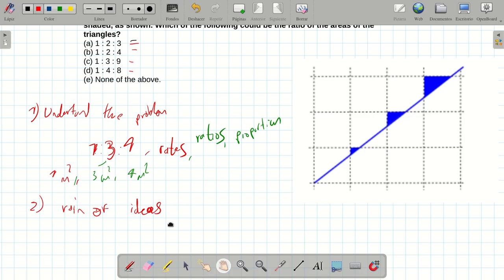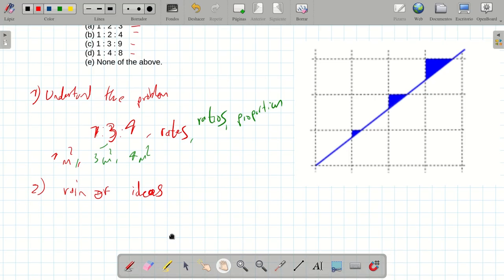In rain of ideas, or trying to solve this problem, it means that every idea, dumb, brilliant, intelligent, whatever idea, no matter how brilliant it is, you need to keep your mind generating new ideas to try to solve this problem.